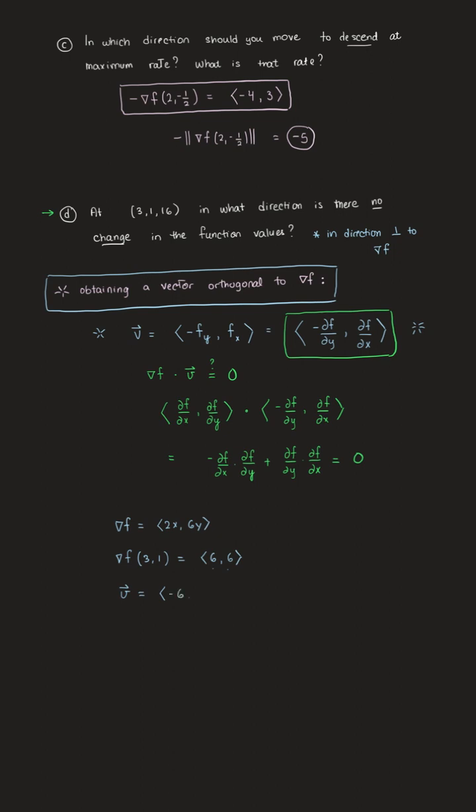So negative 6, 6. And this vector will be orthogonal to the gradient, which means that if we go in the direction of this vector, we will experience no rise in the function.